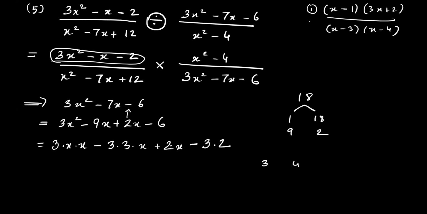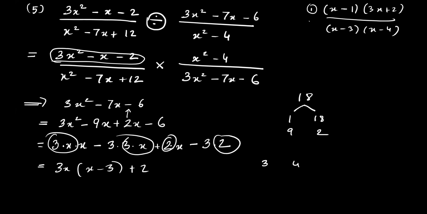Okay, what is common in these two? 3x is here also, 3x is here also. So 3x goes out. What remains inside? x minus 3. Okay, what is common here? Plus 2. If 2 goes out, what remains inside? x minus 3.